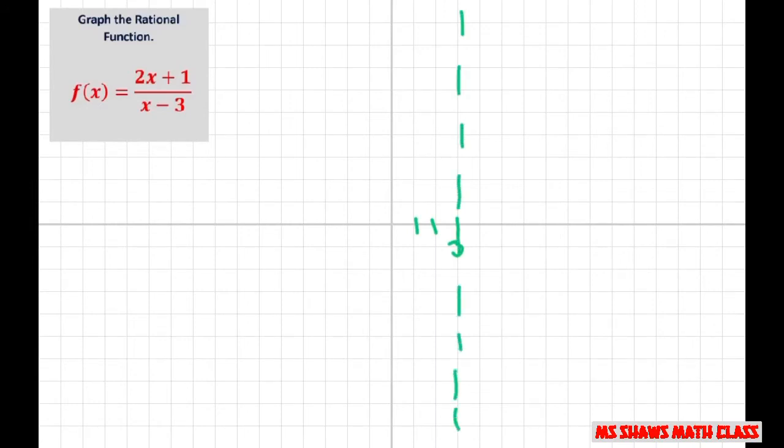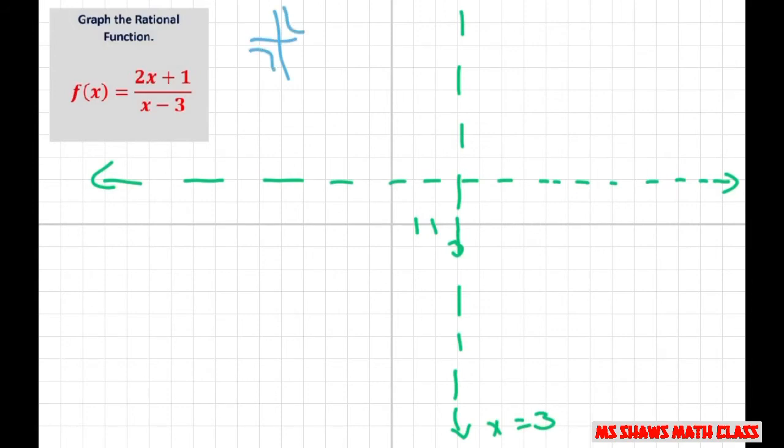This vertical line, you know, is not a function. And your horizontal asymptote is y equals 2. All right, so basically we know, like I said before, it should look something like that.